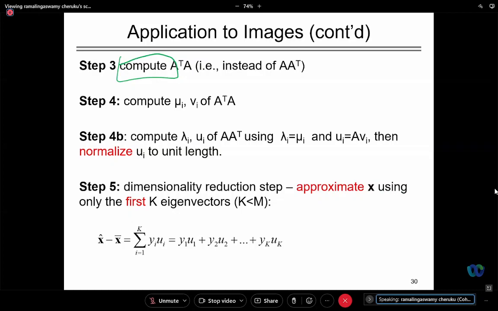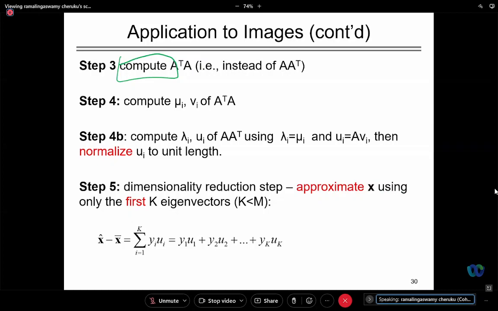So compute A transpose into A instead of A into A transpose. Compute lambda i and v i, the eigenvalues and eigenvectors of A transpose into A. Then compute lambda i as the eigenvalue and mu i as the eigenvector of A into A transpose using lambda i equal to lambda i and mu i equal to A into v i, then normalize mu i to unit length.